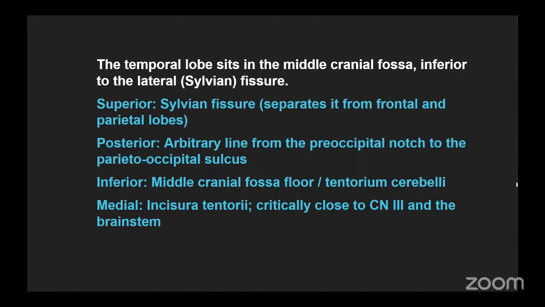Medially, since the tentorium is there, the tentorial incisura is also going to be there. And once we are talking about the tentorial incisura, we assume that this is critically close to cranial nerve 3, the brainstem, along with the cerebral peduncles, the PCA and the PCOM, all the anatomy that we discussed in yesterday's session as well.